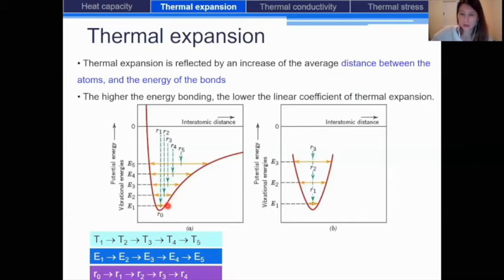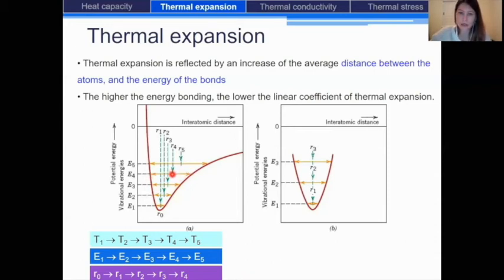If we increase the temperature again, let's say reaching a vibrational energy E4, the atoms will vibrate between this interatomic distance, right here, and that one. And so we will consider an average value for the interatomic distance at this temperature. The average value will be taken in the middle of this yellow arrow, so that one will be taken right here.